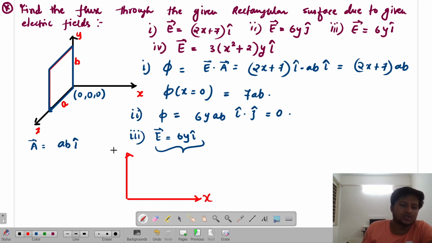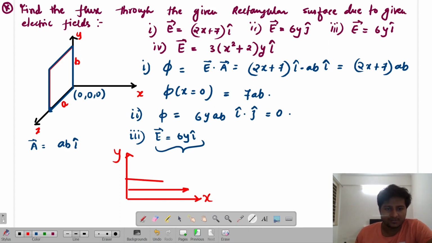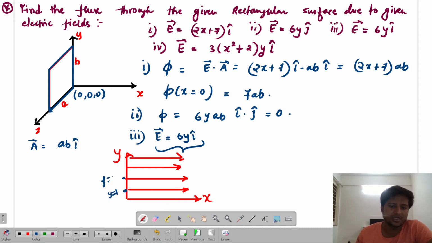I can draw the lines this way, all pointing in the i cap direction. But this is present at some y equal to 1, this is present at some y equal to 2.